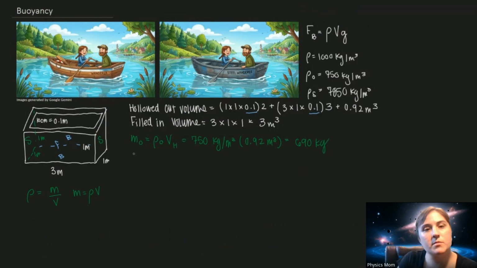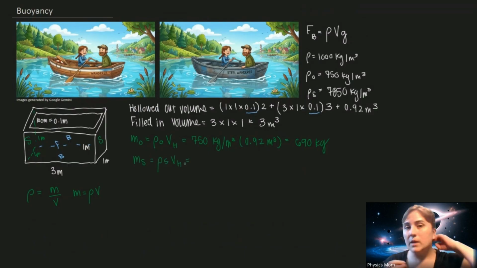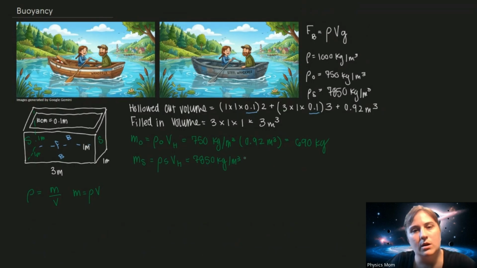I can do the same thing for the steel. So the mass of the steel would be the density of the steel times the hollowed out volume. Again, if I kept it at the same thickness, it would theoretically take up the same material space. So this would be 7,850 kilograms per meter cubed times 0.92 meters cubed, which would equal 7,220 kilograms.